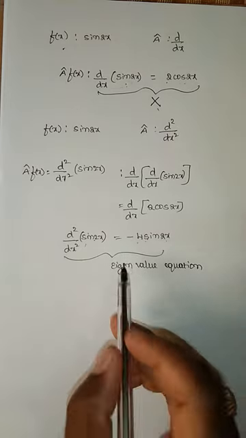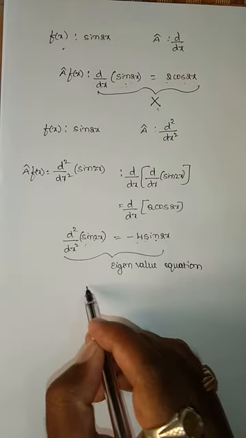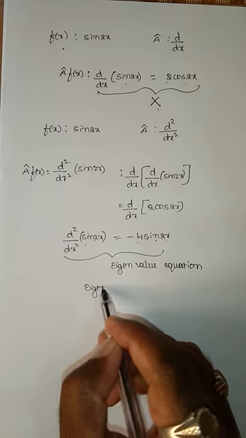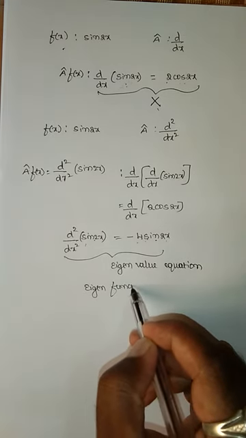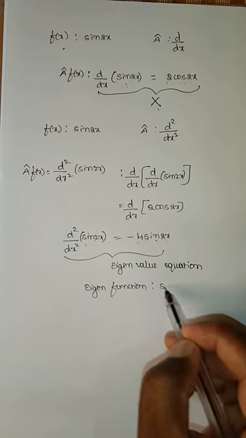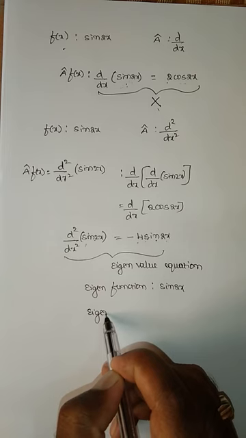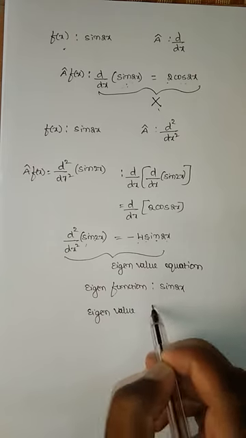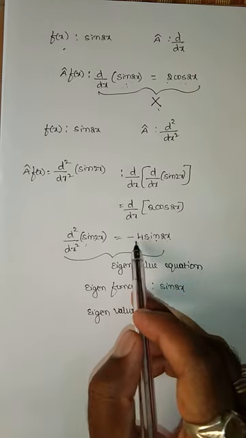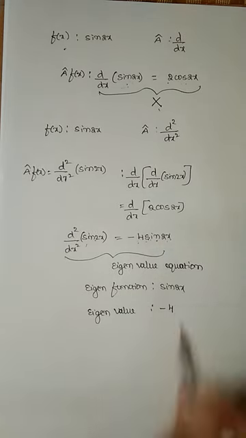Here sine 2x is the function, so the eigenfunction in this eigenvalue equation is sine 2x. And which is the eigenvalue? In order to find the eigenvalue, we go to the right hand part. Here the function sine 2x is multiplied with minus 4, and that is the eigenvalue. In this way, we can easily identify the eigenvalue equation, eigenvalue, and eigenfunction.